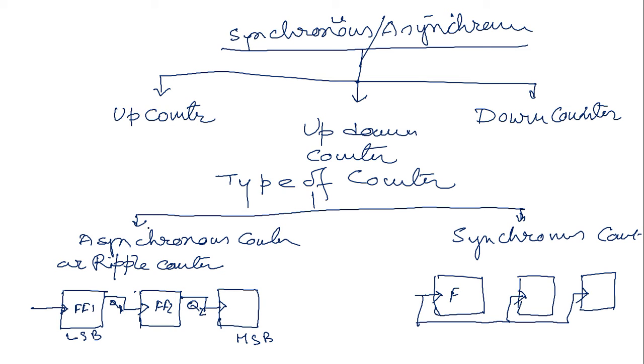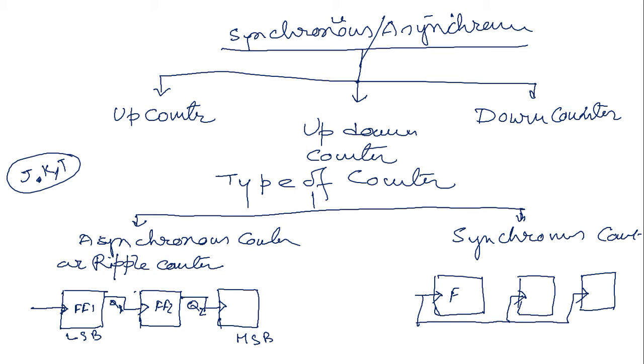Generally, two types of flip-flops are normally applied for designing a counter: JK and T flip-flops. In the case of an asynchronous counter, the clock pulse is not provided to all flip-flops.